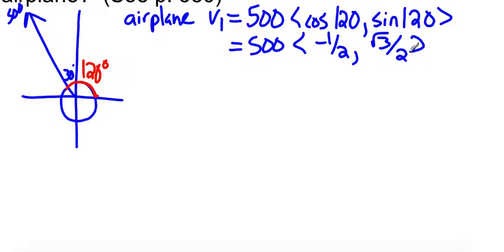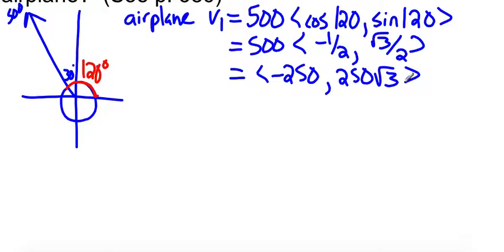You can verify that by using your special right triangles. And now I'm going to multiply both of these by 500. So I get negative 250, and 500 divided by 2 is 250, and then root 3. Okay? And I want to leave those exact values. So this is the vector that's describing the airplane.